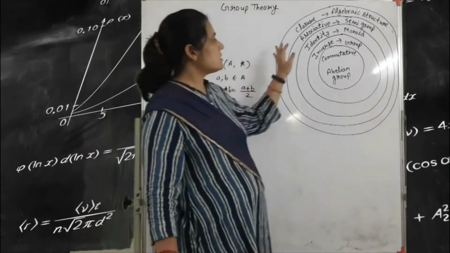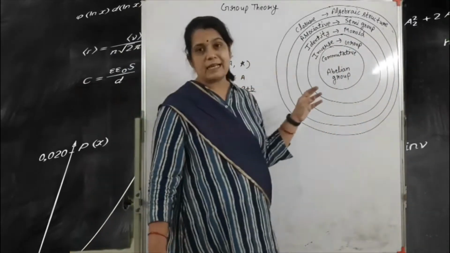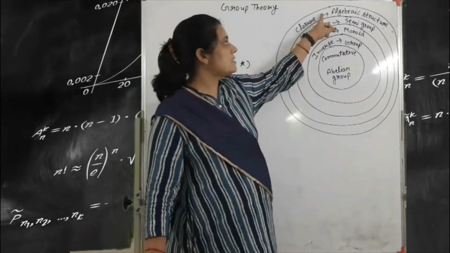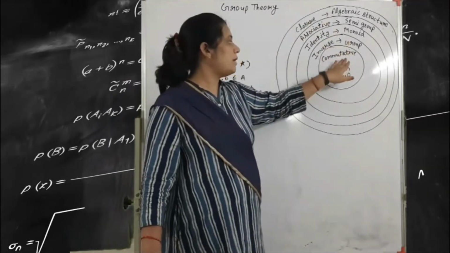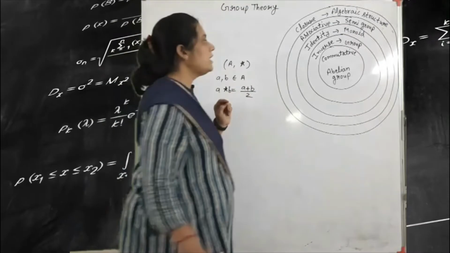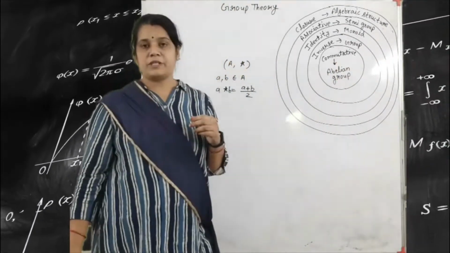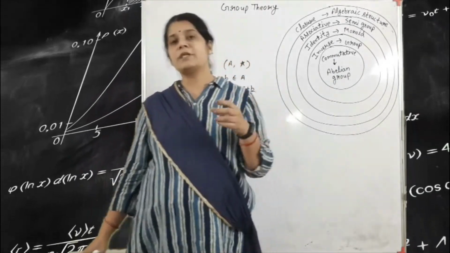See here, this diagram is very important, because according to this diagram you can solve 4 to 5 questions on the algebraic structure, semigroup, monoid, group, and the commutative or abelian group. First we find out the closure property. I think you have already seen what the closure property is.